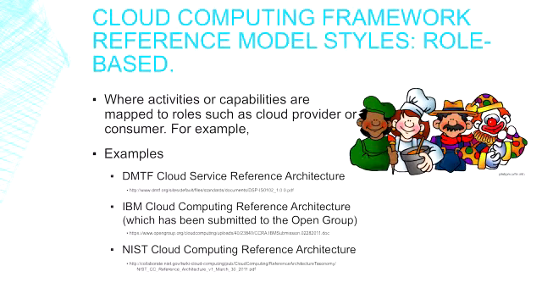Some good examples of these role-based reference models include the DMTF Cloud Service Reference Architecture, the IBM Cloud Computing Reference Architecture, and the Cloud Computing Reference Architecture designed and developed by the National Institute of Standards and Technology.